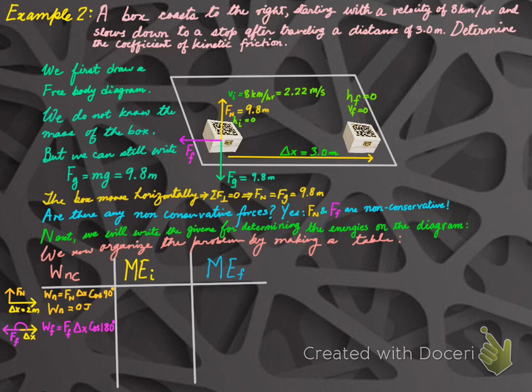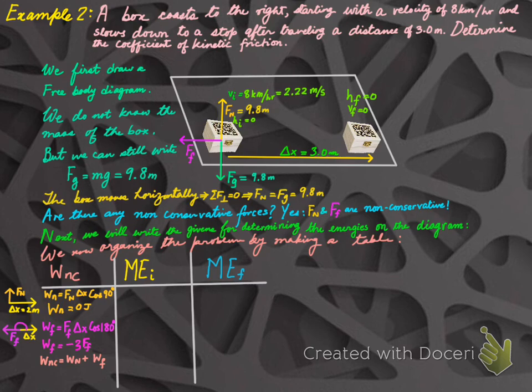So the work done by friction is the force of friction times the displacement, which is 3 meters, times cosine 180 degrees. So that becomes work done by friction equals negative 3 times the force of friction.